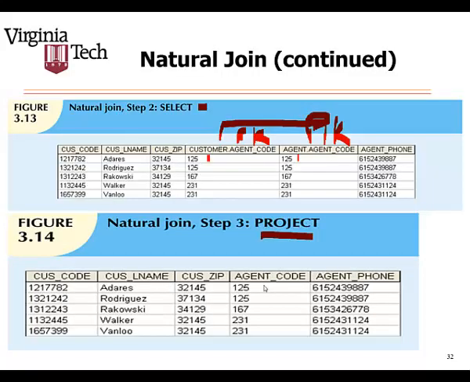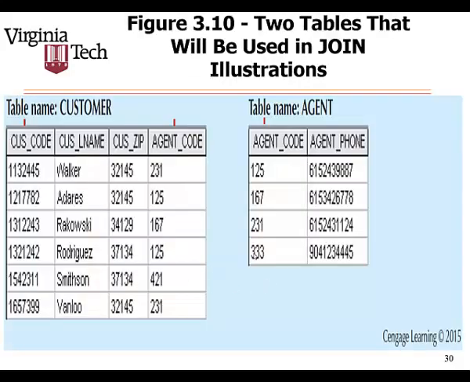So let's just jump back up here and look at our data once before. On the left outer join, that means all of the rows from customer and only the matching rows from agent.